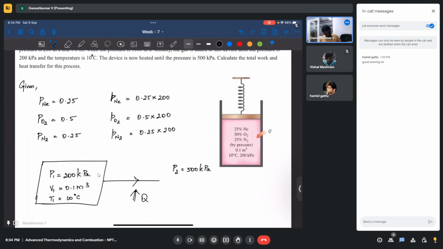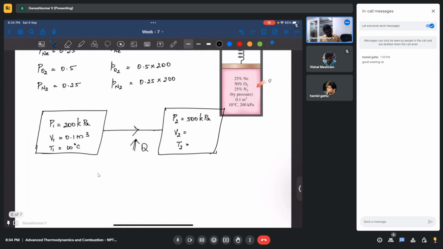Then some V2 is there, we don't know, and some T2 is also there. Since you are adding heat, its temperature is also going to change. We don't know what the temperature change is. So here we need to find the work done and heat transfer.